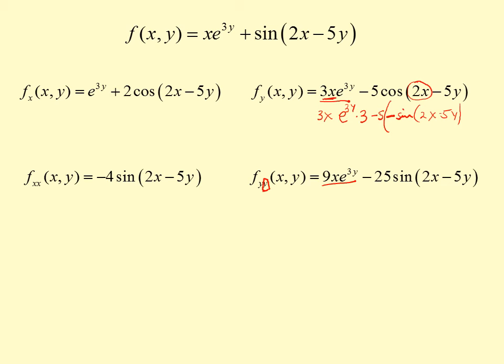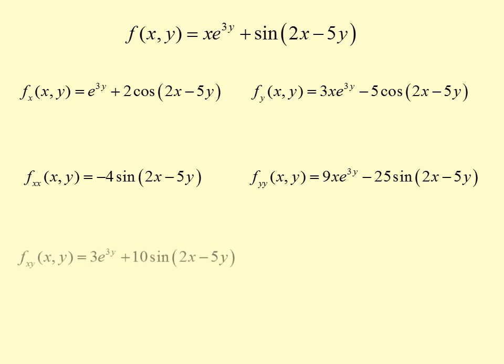The derivative of negative 5y would be negative 5. So we end up with a negative times a negative times a negative, which would be a negative 25 sine 2x minus 5y.